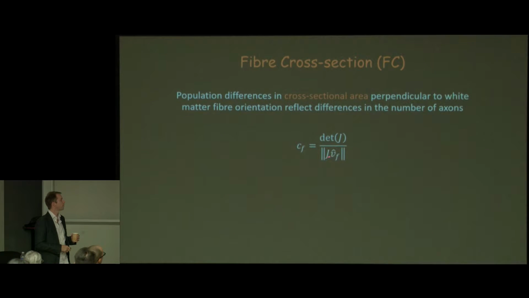If that has twice the size, and the volume stayed the same, that means the cross-section must have gone down by half. So it's quite simple to do. And because it's now directionally specific, you can use that directly as a contrast in the fixel-based analysis framework.